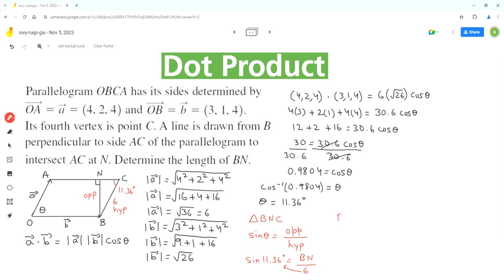So we get... now we can do the calculation. So I got 1.18. So this is the length of BN. Now we are not given any unit in this problem, so it can be just units.